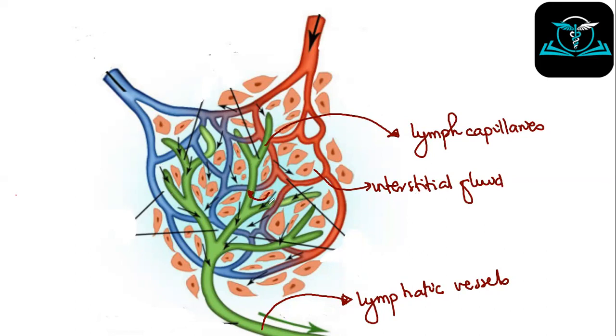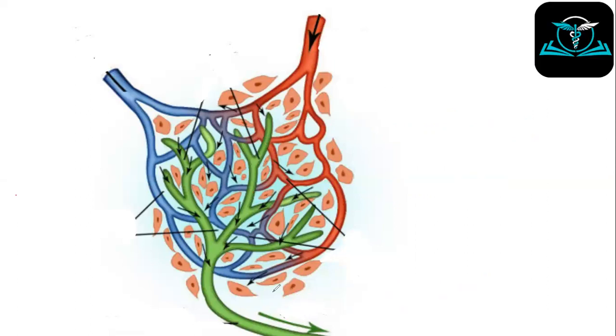And so lymph is interstitial fluid inside the lymphatic capillaries. Good. And so, like I said earlier, these lymphatic vessels will eventually return fluid into the circulation, and we'll see that soon.